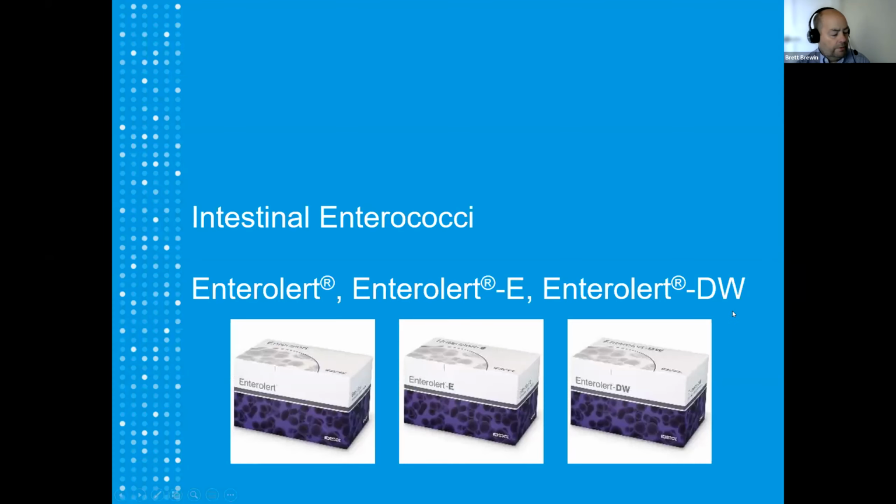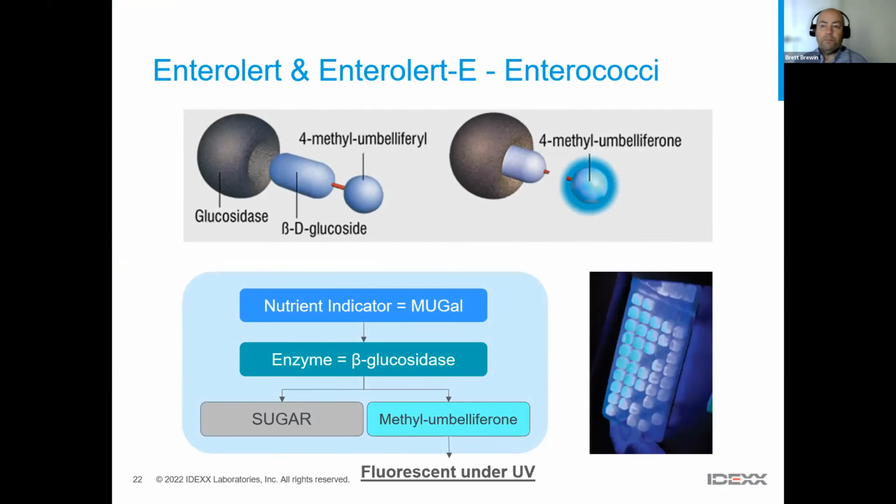Moving on to the enterococci, again, we have three products, Enteralert, Enteralert E, and Enteralert DW. The reason for the three products is, again, historical, and I can go into detail on that if anybody's interested. The enterococci are detected by the presence of an enzyme called beta-glucosidase, and that's the same enzyme that's used when we're doing the confirmatory procedure with the current reference method.